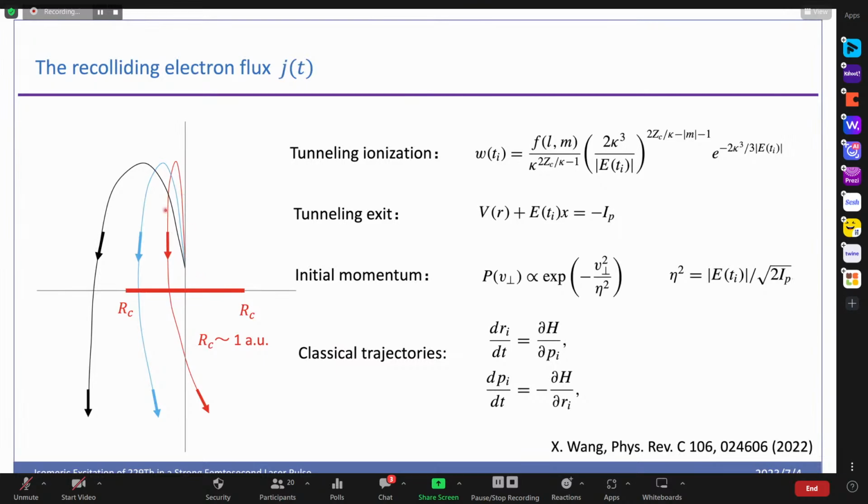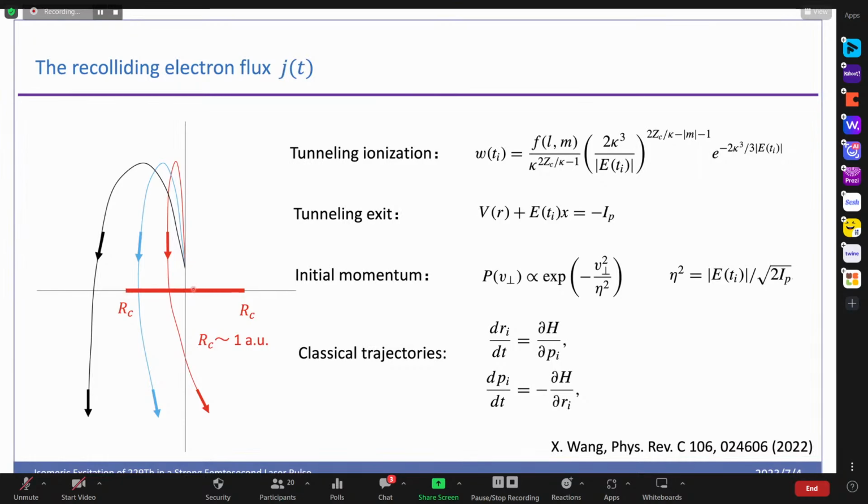Then the subsequent trajectory evolution is propagated using classical mechanics. Basically, at each time a bunch of electron trajectories are initiated, each assigned a weight according to the ADK rate and the perpendicular momentum distribution.